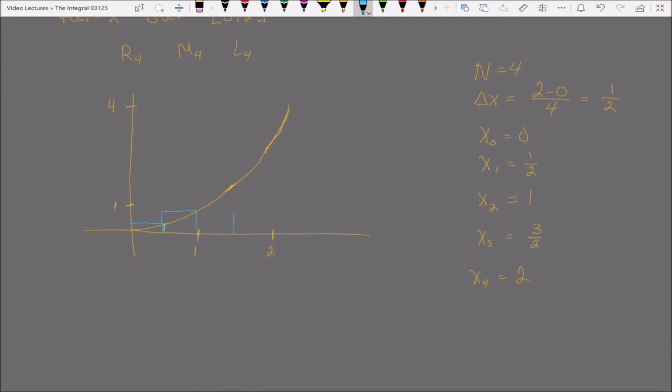This will be 3/2. And then, of course, a final endpoint is 2. So these would be the 4 rectangles for R4.